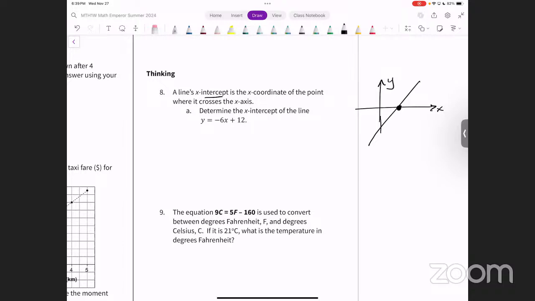On the x-axis, what is the y-coordinate? Sharon, what is the y-coordinate on the x-axis?